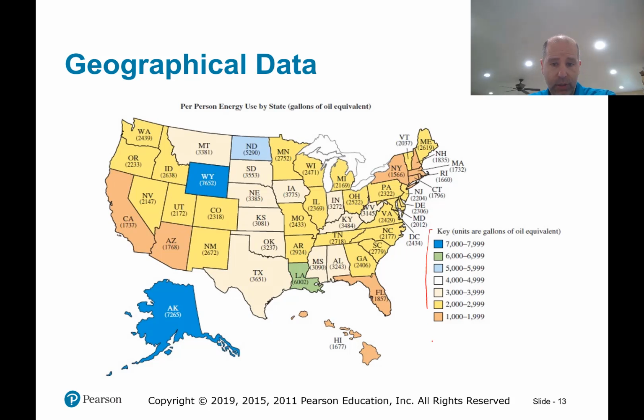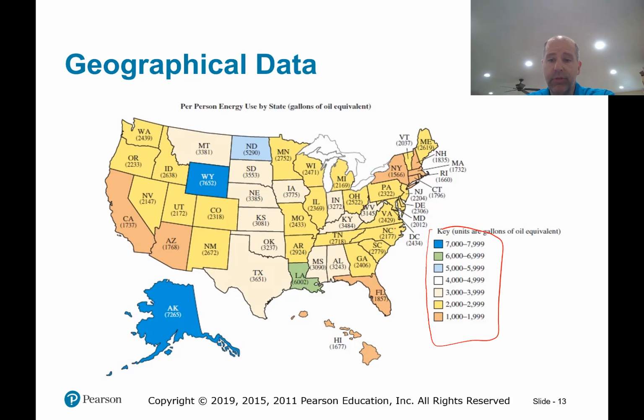And we've also got a legend here that tells you basically what bucket each state will land in based on the color. So the darker the color, it seems, blue and green use the most energy, where the orange and yellow use the least.